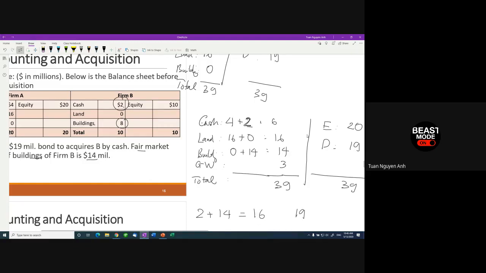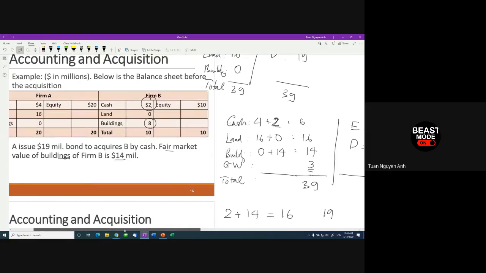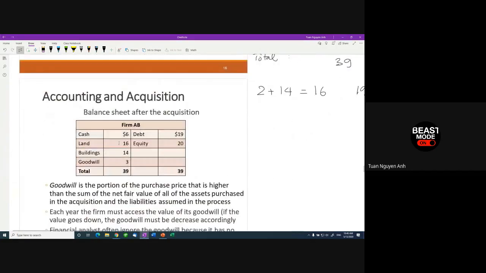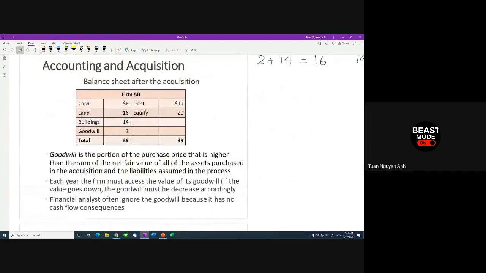So we pay 3 million more. Goodwill is about the same thing as synergy. We think that in the future we can have this synergy, so we agree to pay more. Okay, so this is the new balance sheet of firm C, or firm AB.